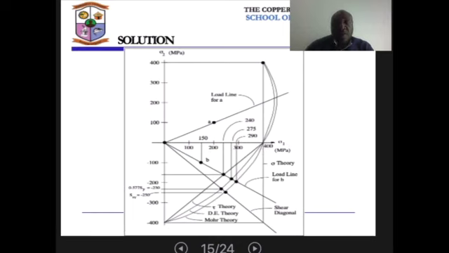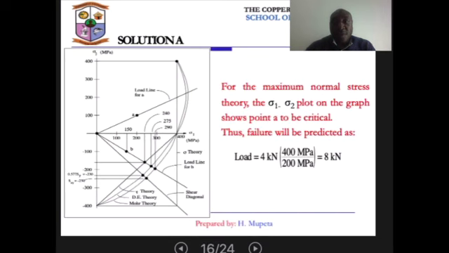Therefore, for you to find the load, you are going to get the test load from the question, multiplied by the ratio of this maximum divided by this one, which is bigger than the 100 on these two plots, sigma 1 and sigma 2. So you are going to get this 400 divided by this 200, multiplied by the test load from the question, which is 4 kilonewtons.